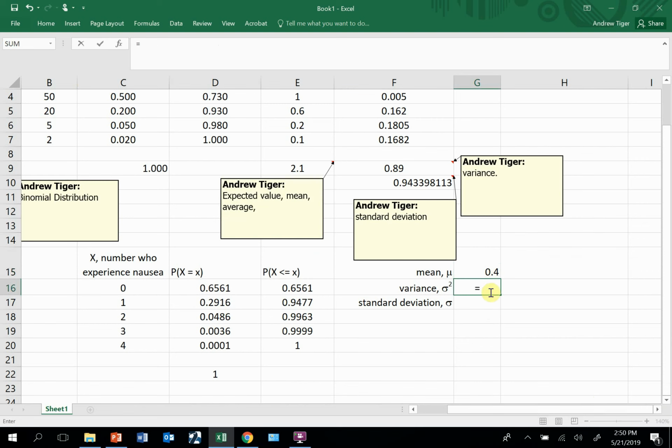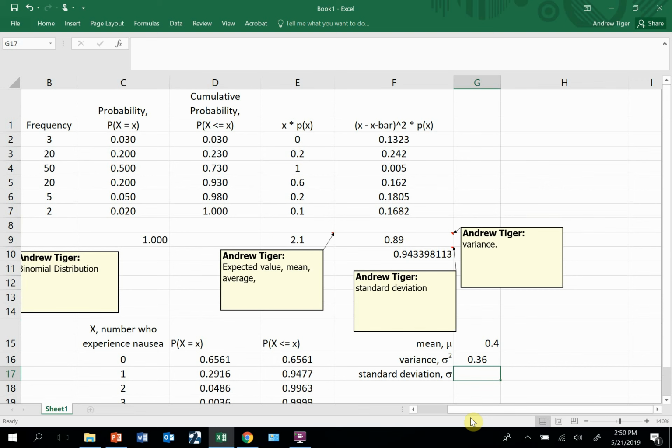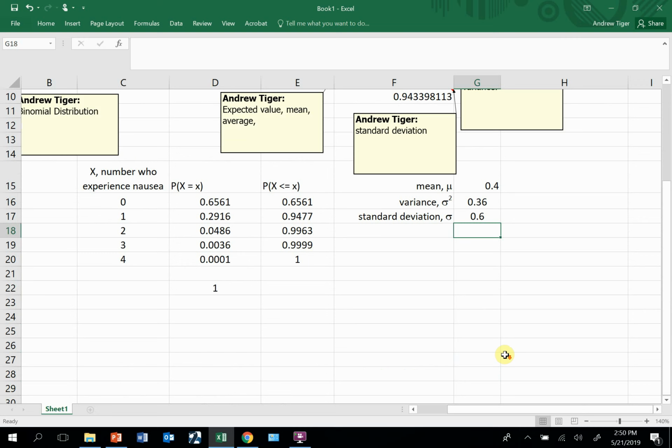The variance is equal to n, 4, times 0.1, the probability of getting sick, times the probability of not getting sick. That's the variance. And so the standard deviation is just the square root of that. So that's the mean, that's the standard deviation.